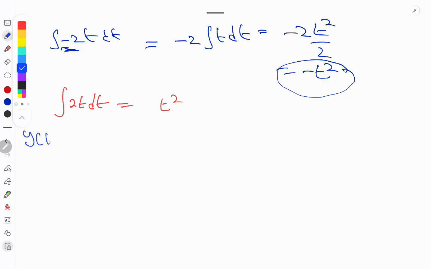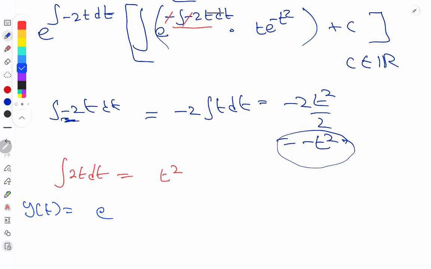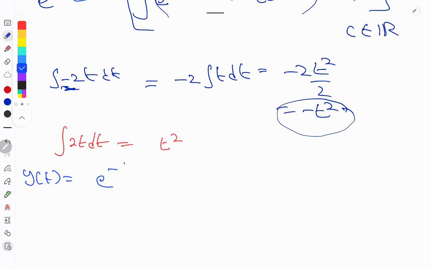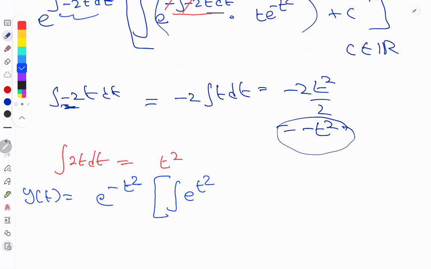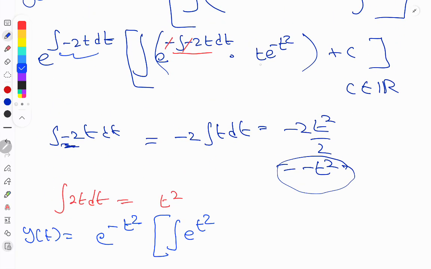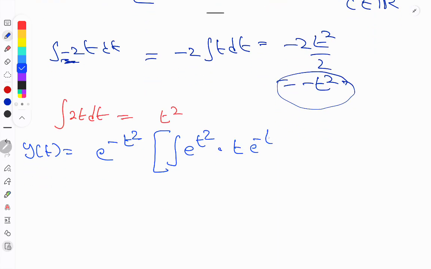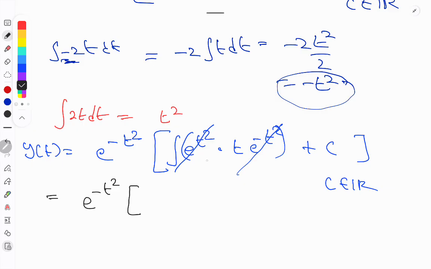So this y of t will be e to the t square, instead of this integral I can write t square, then multiplied by the bracket e to the negative t square plus c, where c belongs to R. So I can cancel out this, because this is a negative power, so it will be divided and cancel out. So I remain with e to the negative t square, this is the integral of t dt plus c.